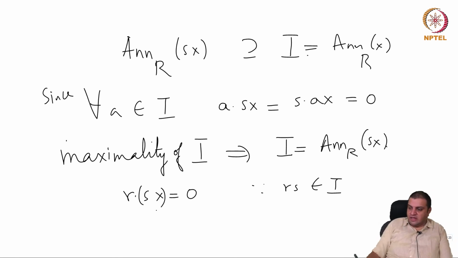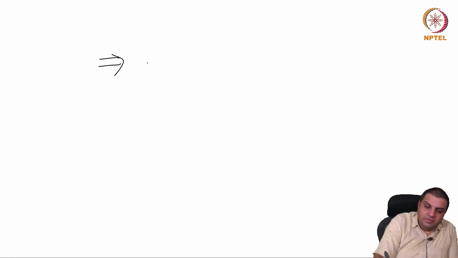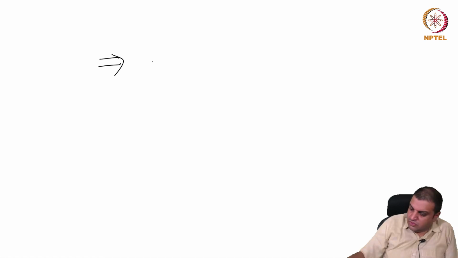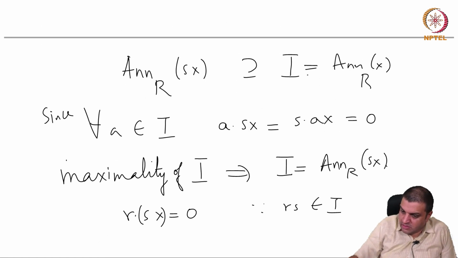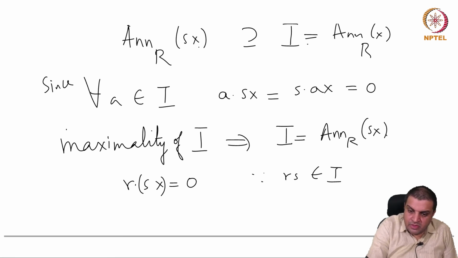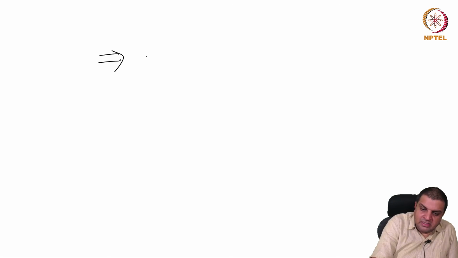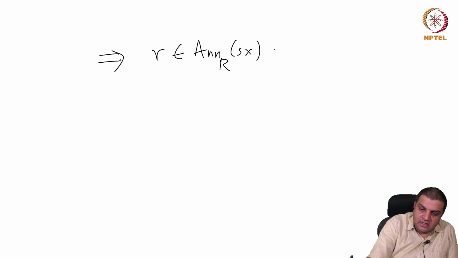Going back, this set contains r, but it is also equal to I. So r is inside the annihilator of s x, which is equal to I.